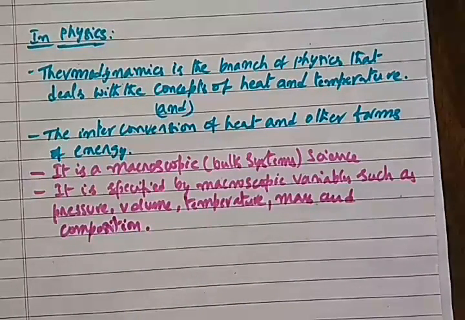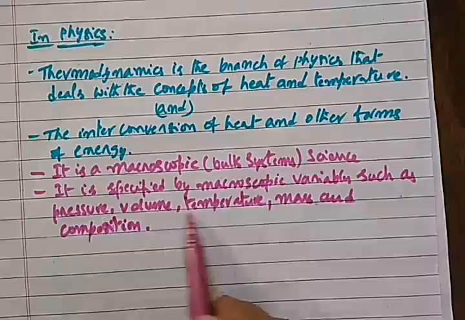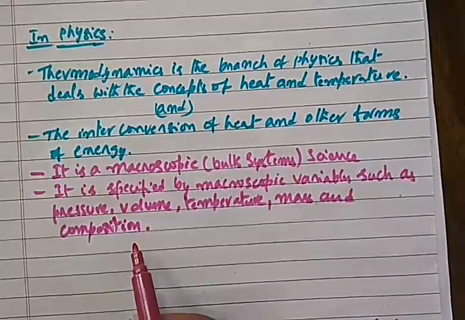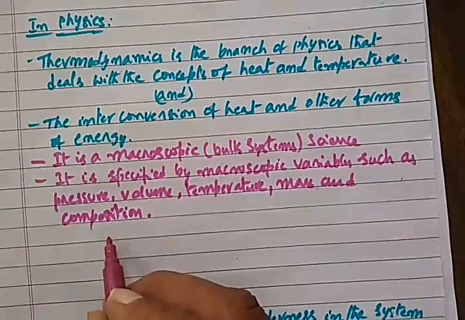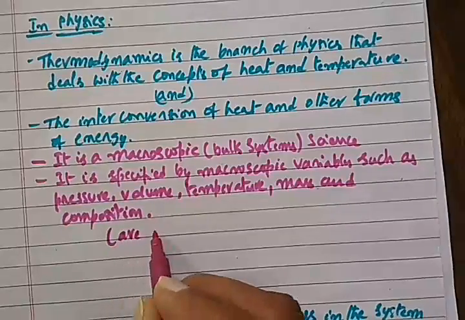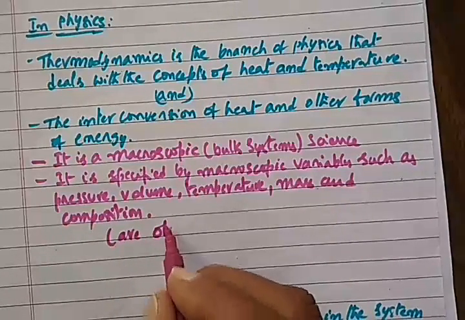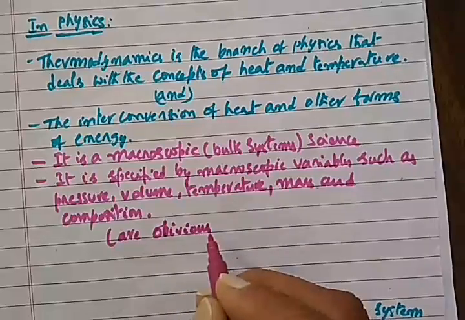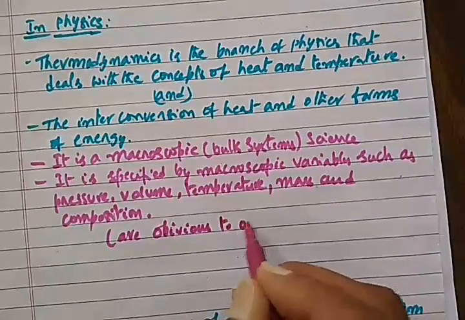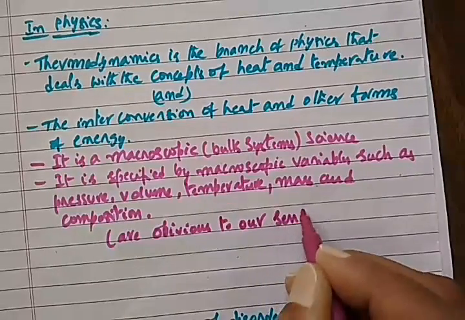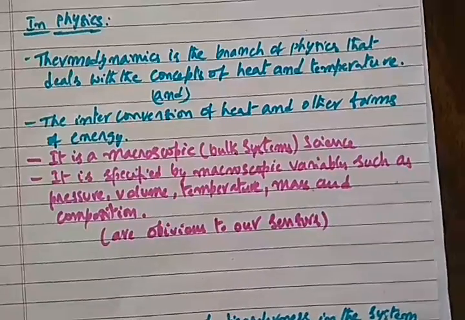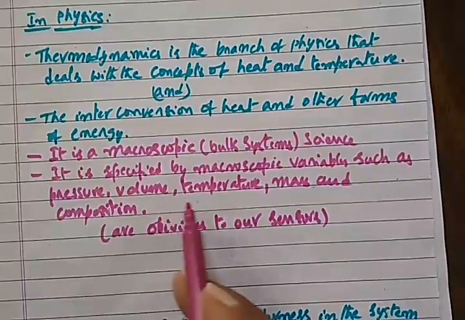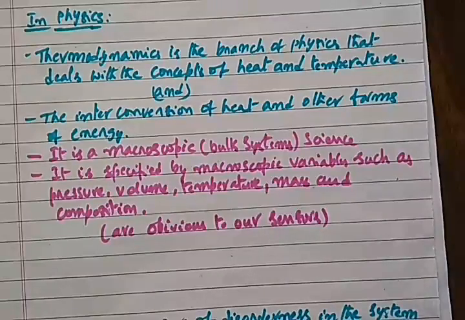So it is specified by macroscopic, again bulk variables such as pressure, volume, temperature, mass and composition of the material or gas, whatever we take. All these things are obvious to our senses. We can sense them. Pressure, volume, temperature, all these things our senses can recognize.